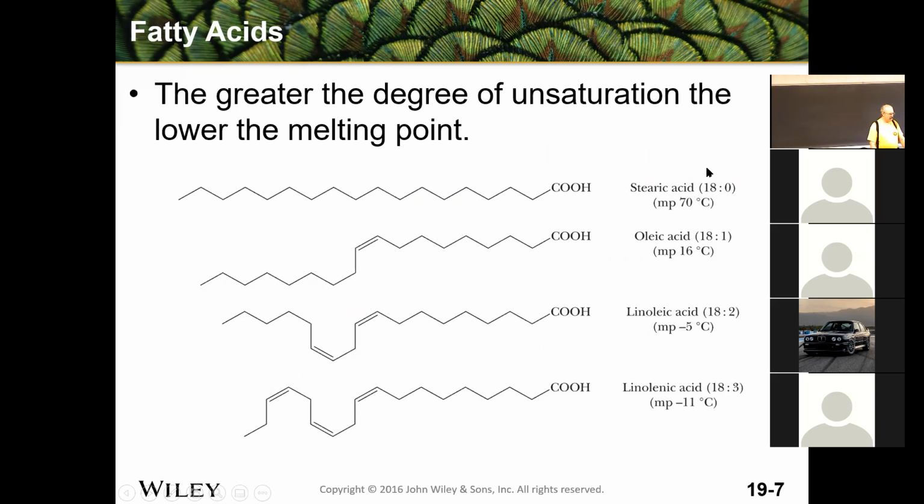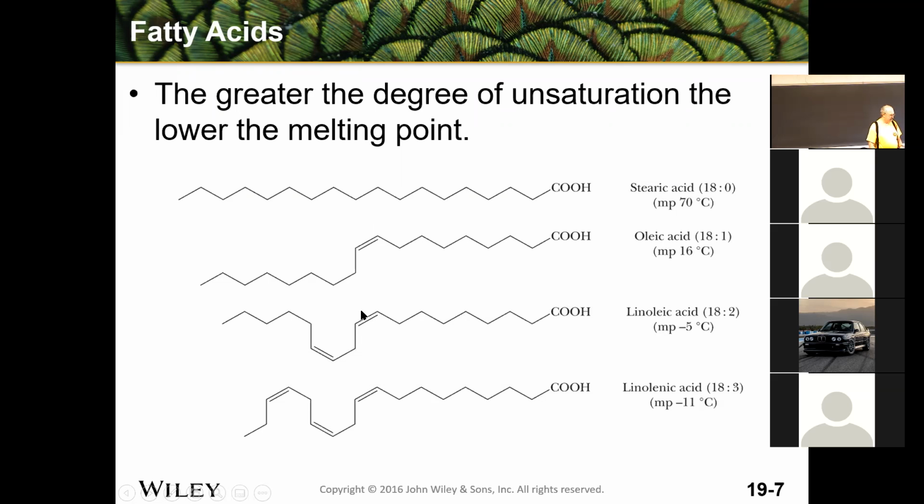Here are some bond line formulas for some of the fatty acids. Here's stearic, no double bonds. Stearic is a major component of beef fat, for example. Oleic has 1 double bond, and it's a cis double bond.